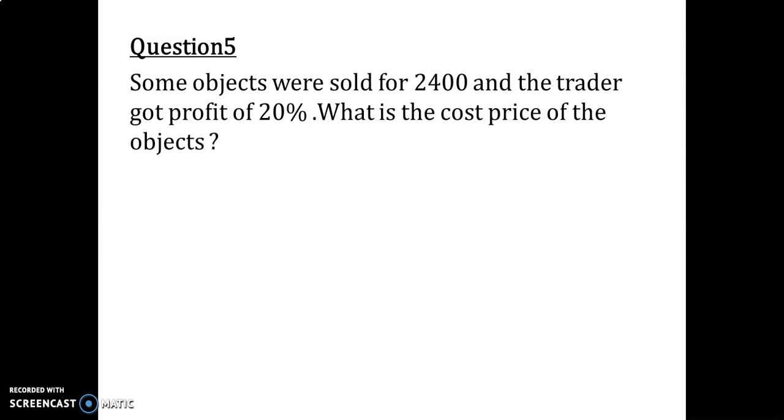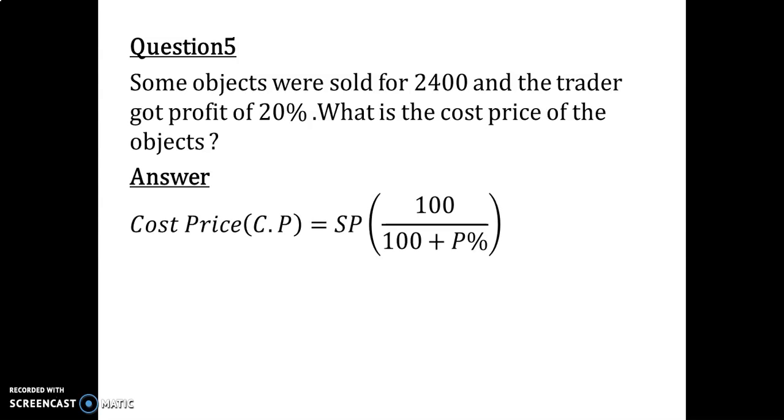So here we have selling price is 2400, profit percentage is 20, and we have the equation cost price is equal to selling price into 100 divided by 100 plus the profit percentage. This formula we are using because we got a profit from the transaction.